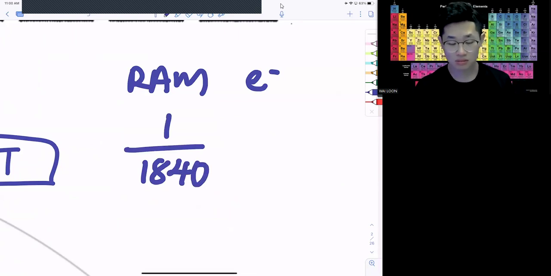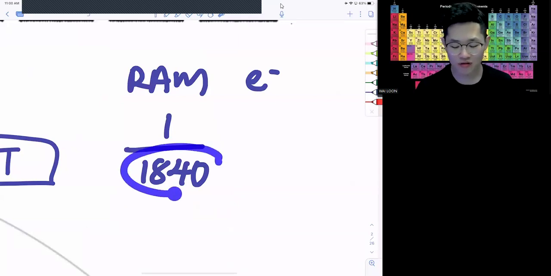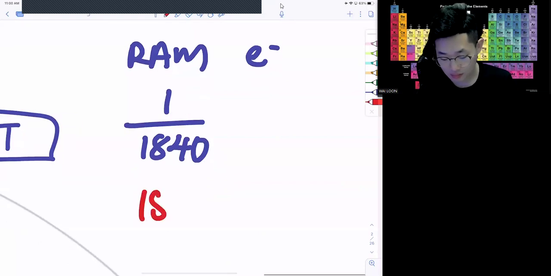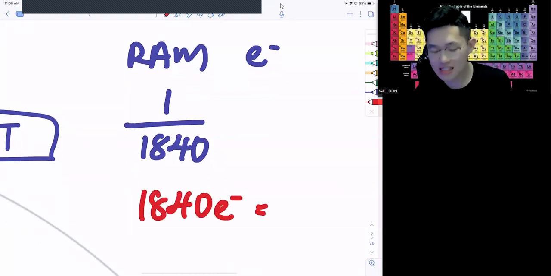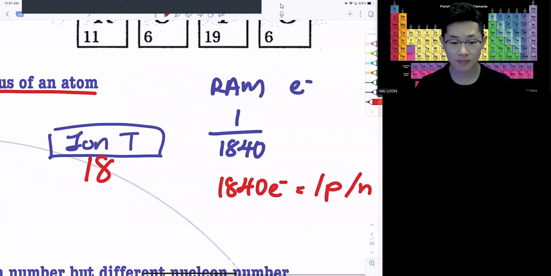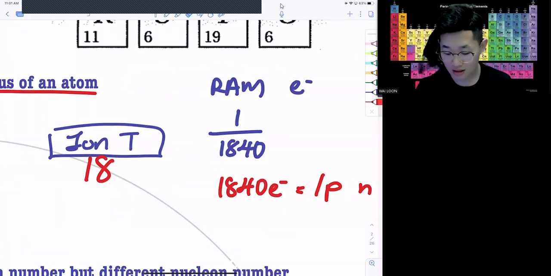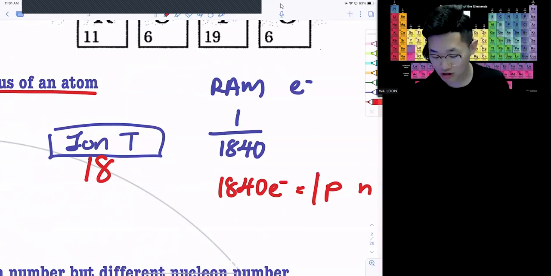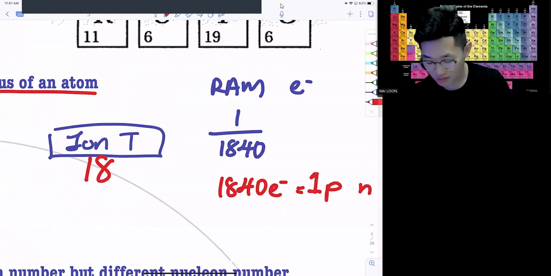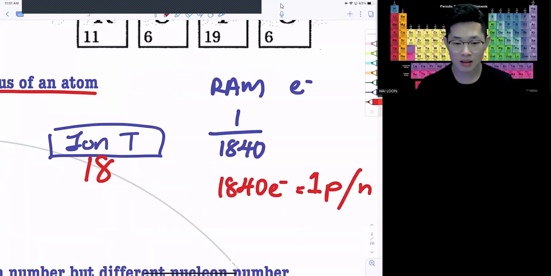1/1840, which means you will need 1,840 electrons to have the same mass as one proton or one neutron. That's the meaning. When your teacher goes through this, she told you that the relative atomic mass for proton is 1, relative atomic mass of neutron is 1.